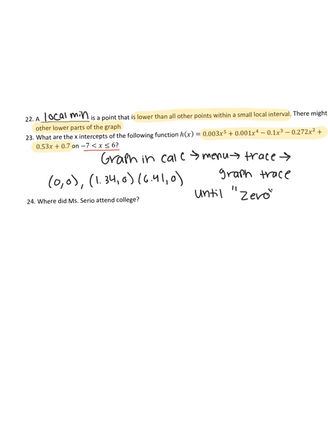The very last zero that I listed, the 6.41, that number is larger than 6. The x value is larger than 6. So I do not count that one as a zero because it's not in the interval that was given. So the only two zeros or x-intercepts that I have are those two that I just boxed out in red.